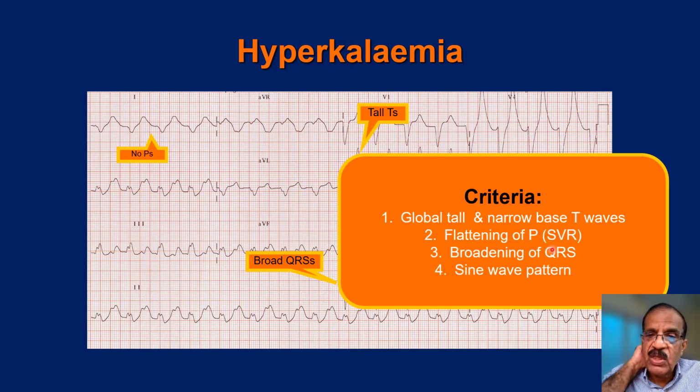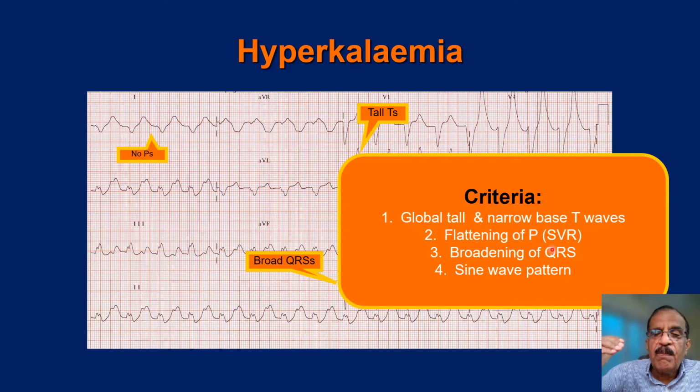Not only is it possible to make a diagnosis of hyperkalemia, you can actually estimate the level. There are various charts available. If your potassium is 5.5 or less, you have normal potassium, but from 5.5 to like 6.5 or 7, you have these prominent T waves, and then flattening of the P wave, and then broadening of the QRS complex.